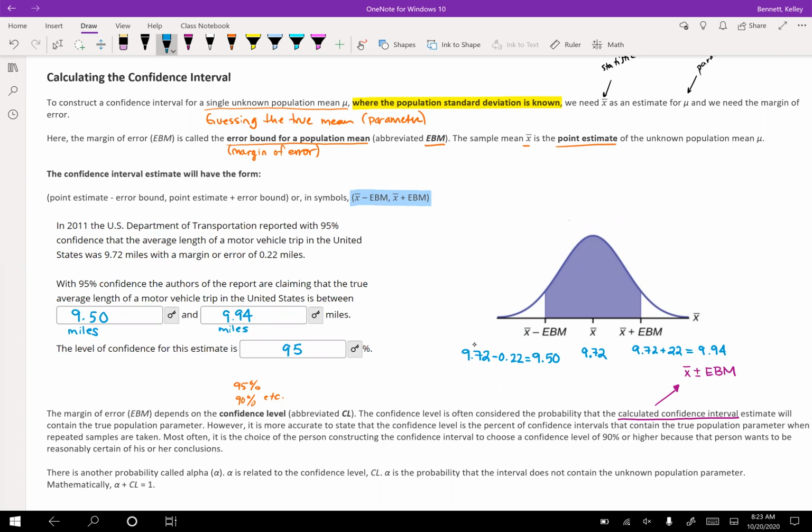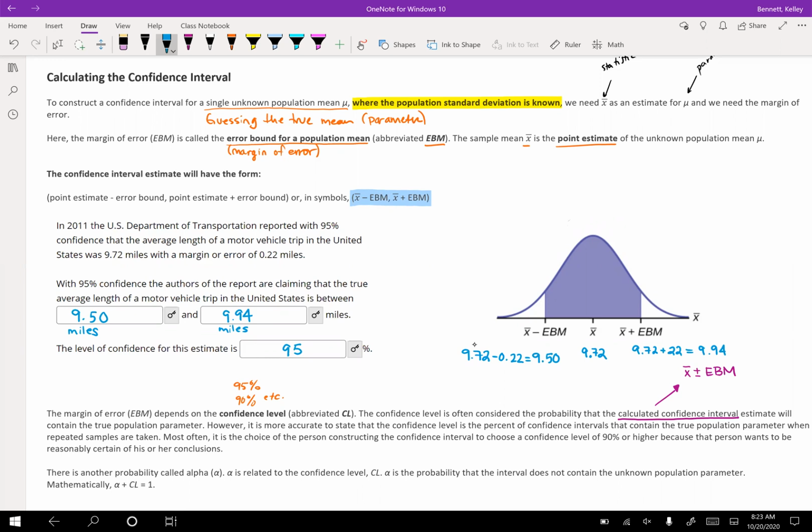Then they say, okay, now we've computed this margin of error, and I'm going to go left by my margin of error and right by my margin of error. That gives me this confidence interval. And we're 95% sure that the actual mean, mu, the parameter of the actual population, is somewhere between 9.50 and 9.94.